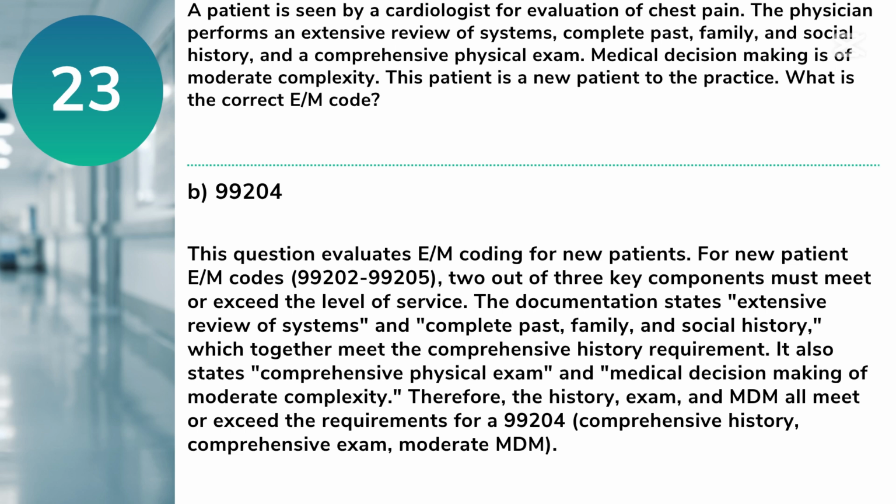The documentation states extensive review of systems and complete past, family, and social history, which together meet the comprehensive history requirement. It also states comprehensive physical exam and medical decision-making of moderate complexity. Therefore, the history, exam, and MDM all meet or exceed the requirements for a 99204, comprehensive history, comprehensive exam, moderate MDM.